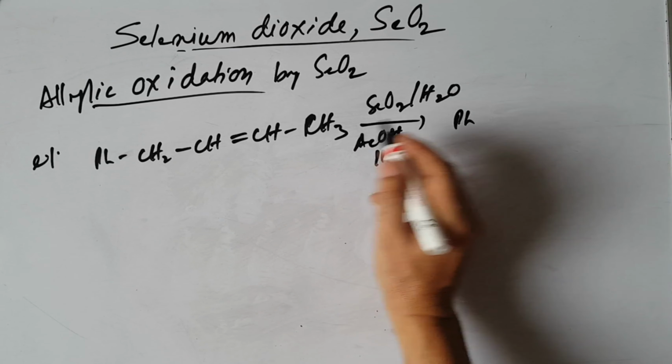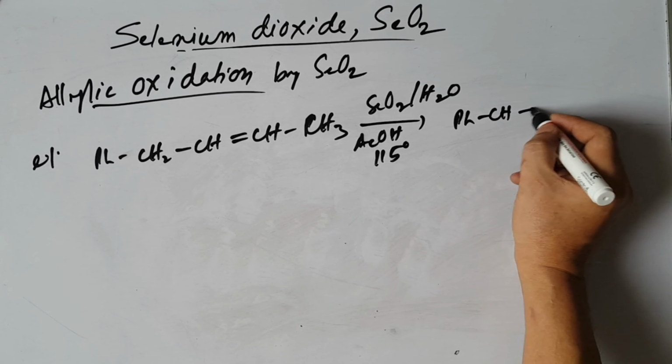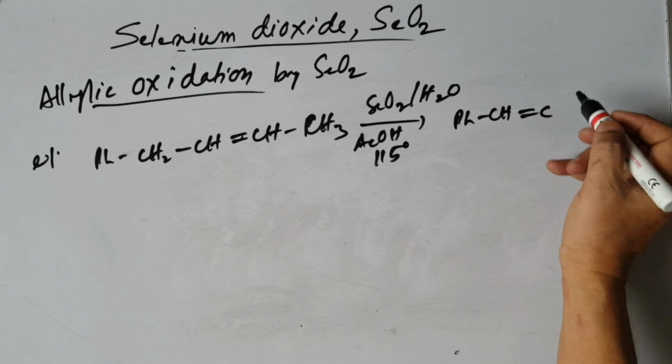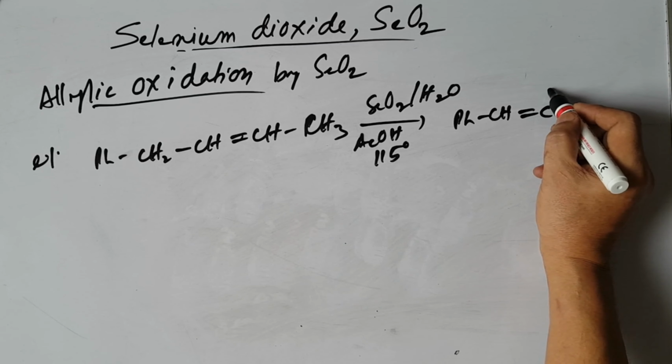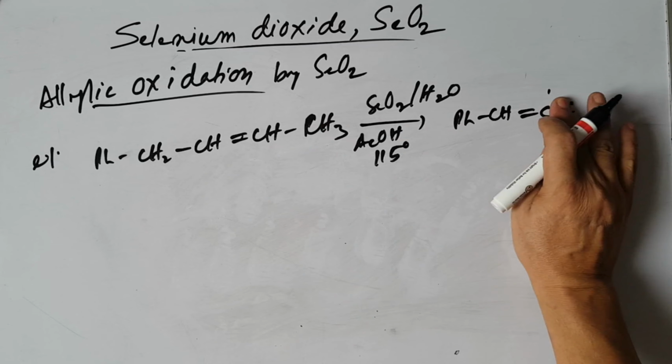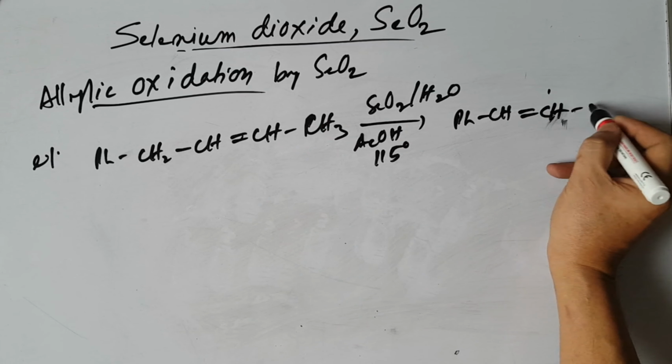Acetic acid is used, so you can get CH double bond. So migration of the double bond takes place. So here CH, another CH here. Okay, CH, C.